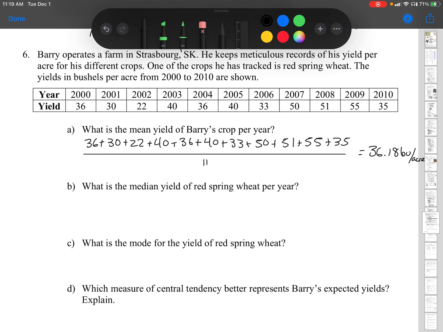Okay, same as before, median yield, you just line them all up and figure out what the middle is. So our lowest number is 22.